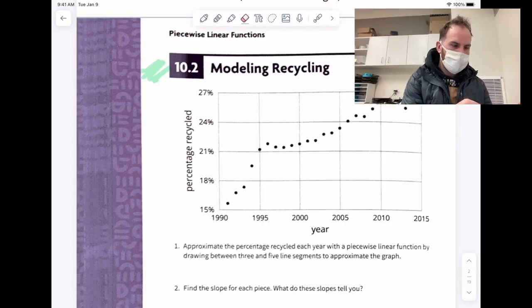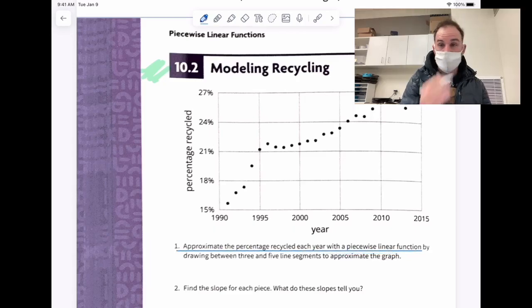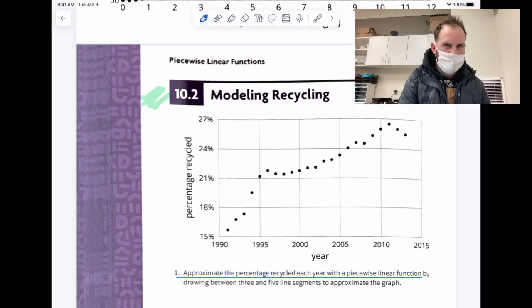Okay, so we've looked at this model of recycling before, right? It's asking us to approximate the percentage of recycled materials each year with a piecewise linear function. What that means is it wants you to draw 3 to 5 line segments to approximate the graph. We did that in one of the classes last week. It said from 1990 to 95, we can approximate using that line.